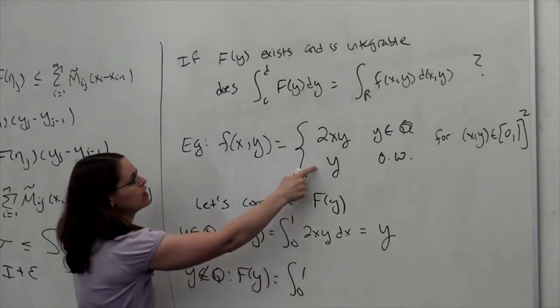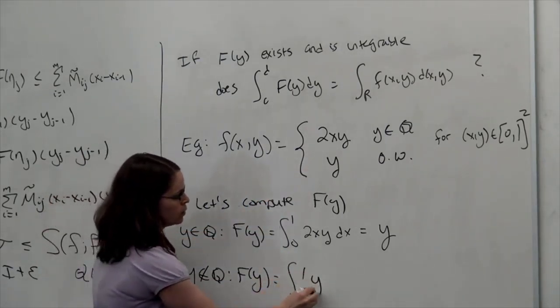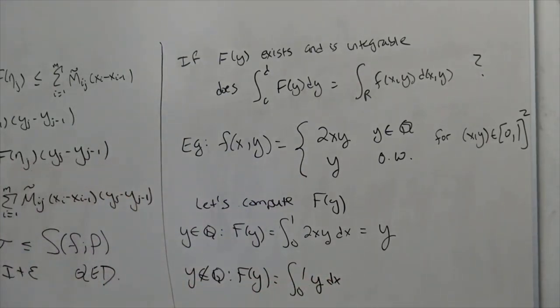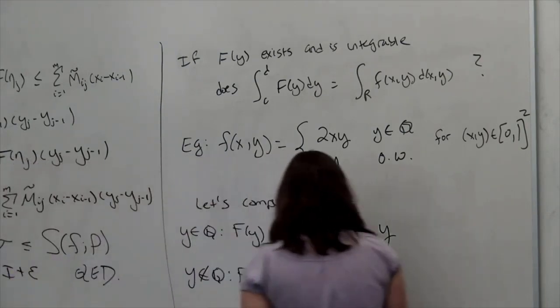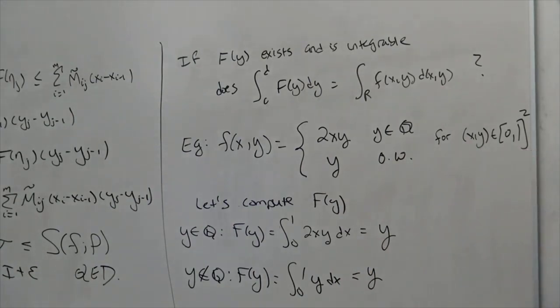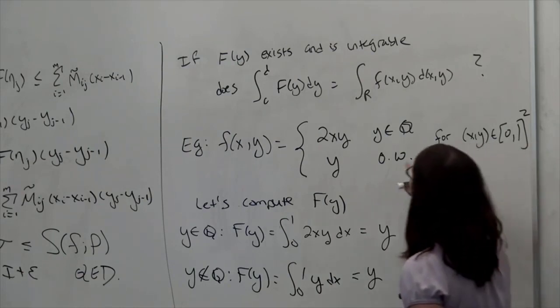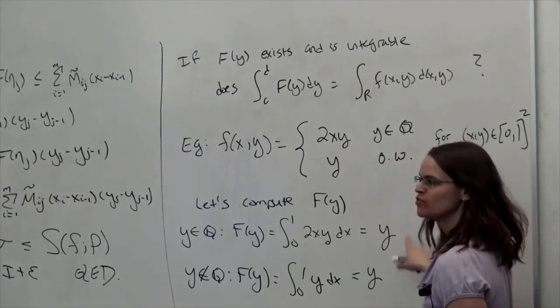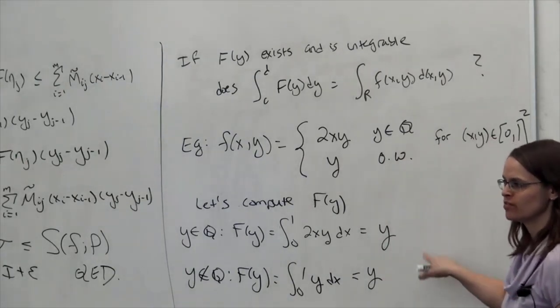In this case, we're integrating the function y with respect to x. We integrate with respect to x. That just gives us a 1, and this y is still floating around. And, oh, we happen to get y again. So although we started from a very strange little f, capital F is a very nice function. We're going to integrate this guy, no problem.